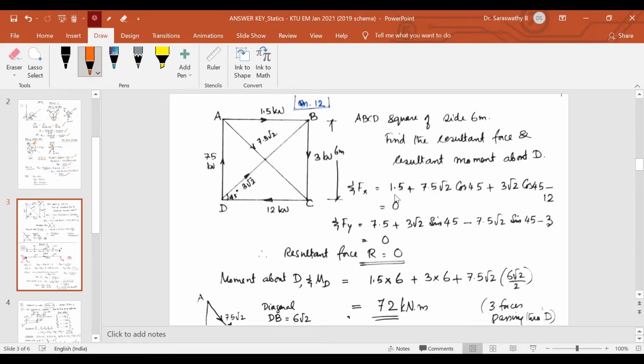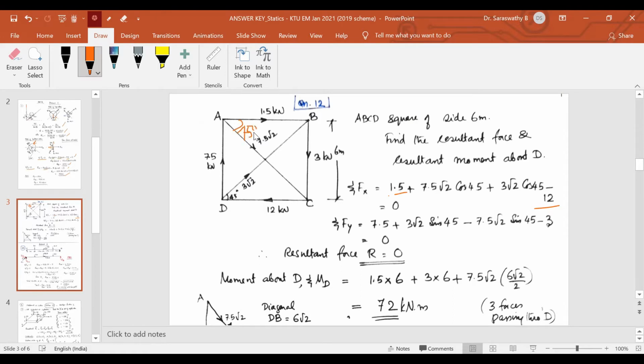Sigma Fx: this is 1.5. The 3 doesn't have any contribution to the horizontal direction because it is simply vertical. Then minus 12. So 1.5 positive, 12 negative. Now there are inclined forces. The 7.5 root 2, when you resolve it, since it's a square, this angle is 45 degree.